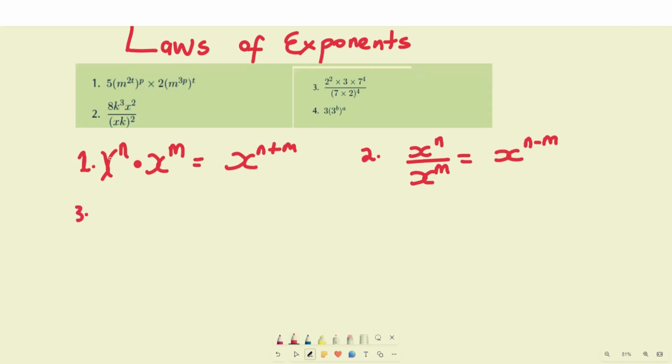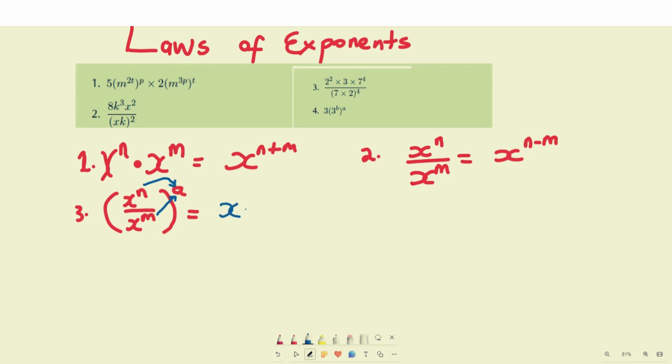The third law is saying if I have x to the power of n over x to the power of m, and then I have another exponent outside, let's call that exponent a. The rule says the outside exponent must multiply with the inside exponents, all inside exponents.